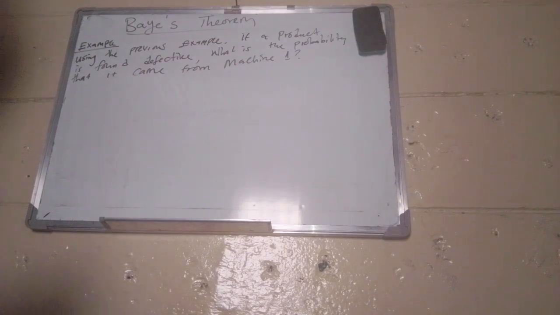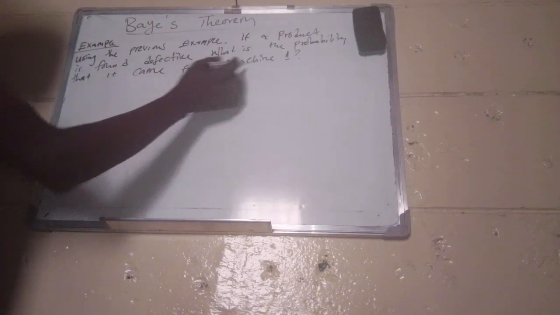We found the probability of a defective item previously. Now, using the same question, what is the probability that it came from machine 1? If a product is found defective, what is the probability that that product came from machine 1?